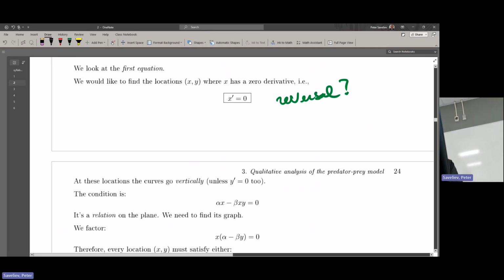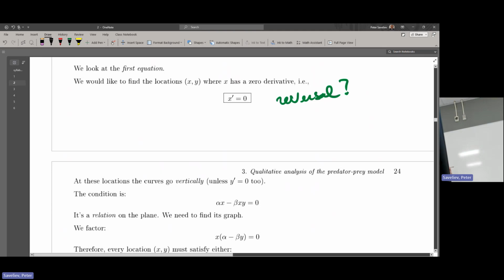Why did we factor? Two things multiplied by each other equal 0. What's the conclusion? Either x is 0 or the other factor is. Either one factor or the other must be equal to 0. If neither one is equal to 0, you cannot have 0. So at least one of the two must be equal to 0.